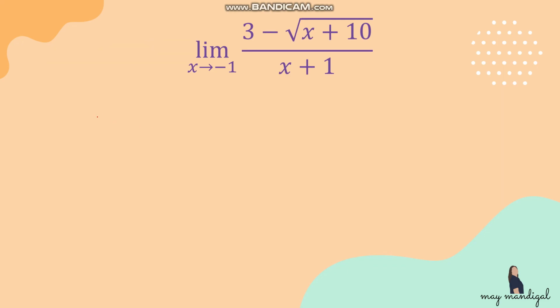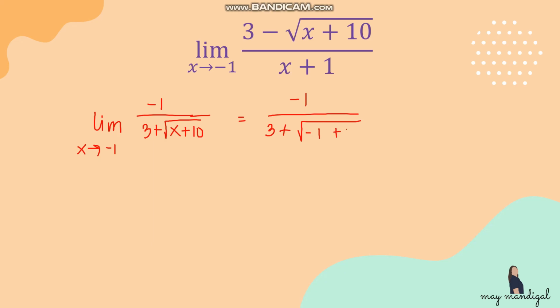So let's just substitute. We are now getting the limit of the new function, which is negative 1 over 3 plus the square root of x plus 10 as x approaches negative 1. So we have negative 1 all over 3 plus the square root of negative 1 plus 10.